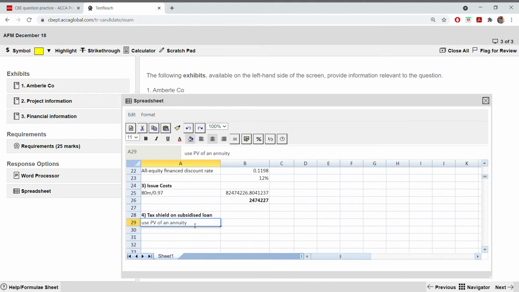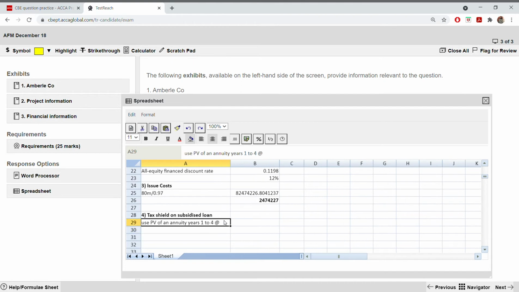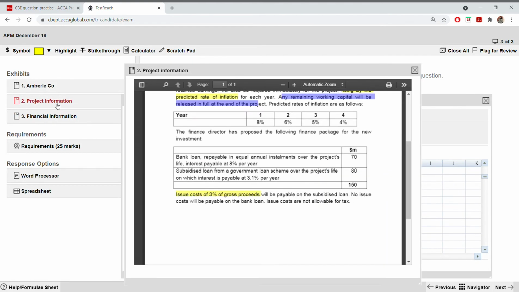You have to write the years, because when you go to the table you have to know which one you are using. 1 to 4, at what rate you are using. You can even write it down below. If you see, the interest rate is 8%, so we are using 8%.